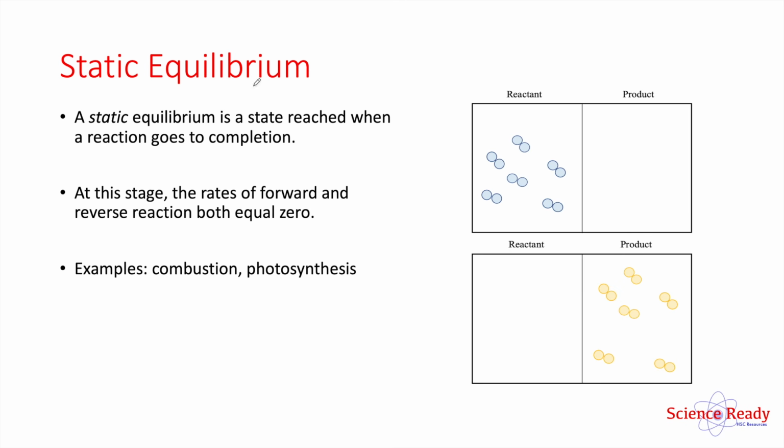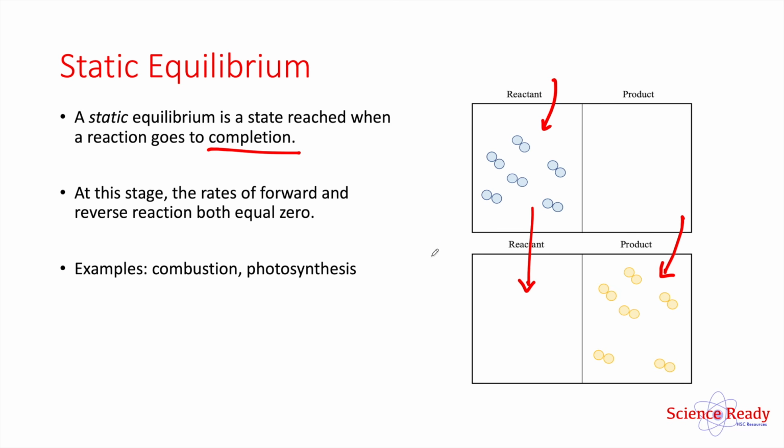So again, just to illustrate what static equilibrium refers to, it is a state reached when the reaction goes to completion. So really what that means is the reaction will convert all of the reactants into the products. There will be nothing left over. That's what's known as a complete reaction.